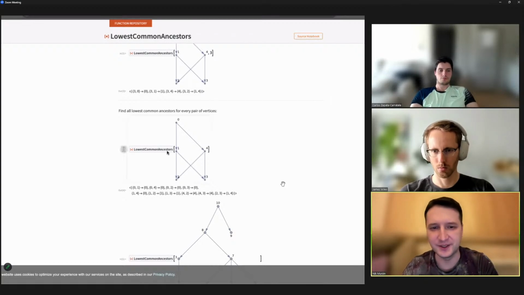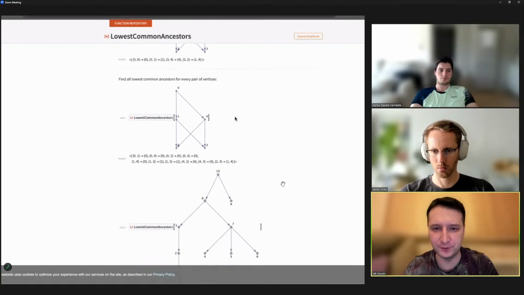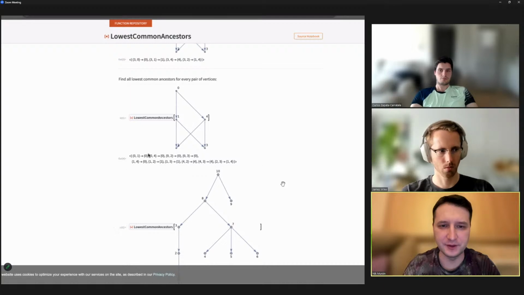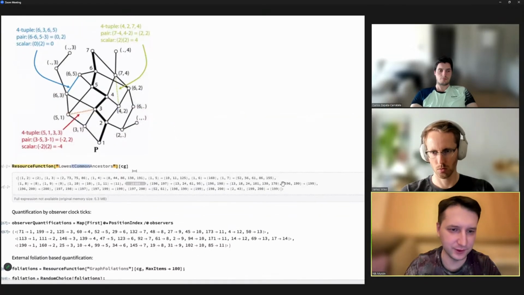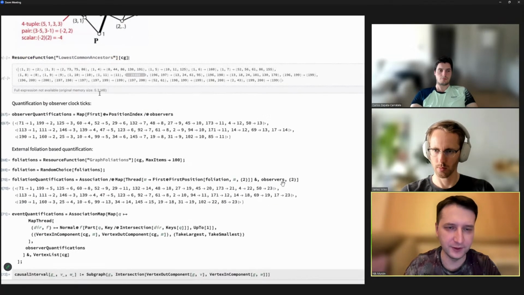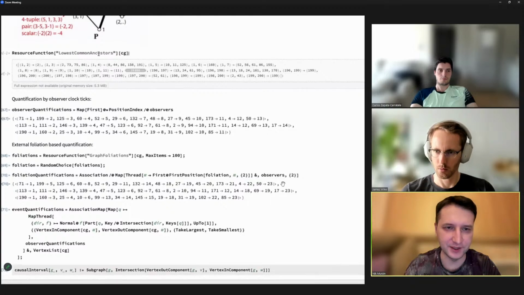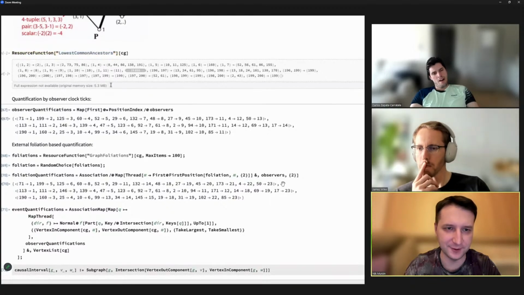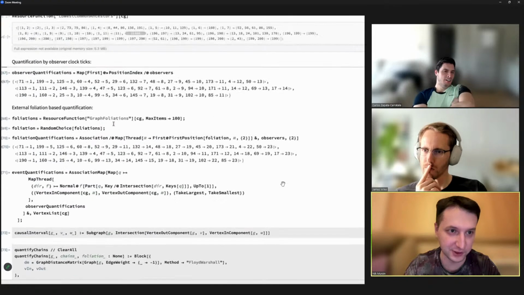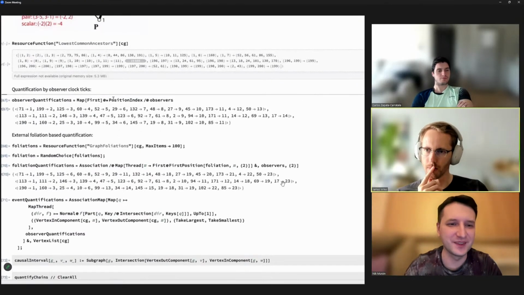That's a very common procedure if you want to coordinatize the whole causal graph. You first find the lowest common ancestor for every pair. I don't think I use it later there, but that's the function I would use now if I were to write this code from scratch.